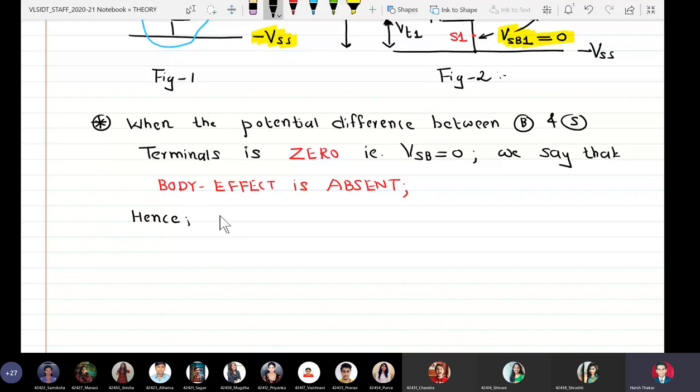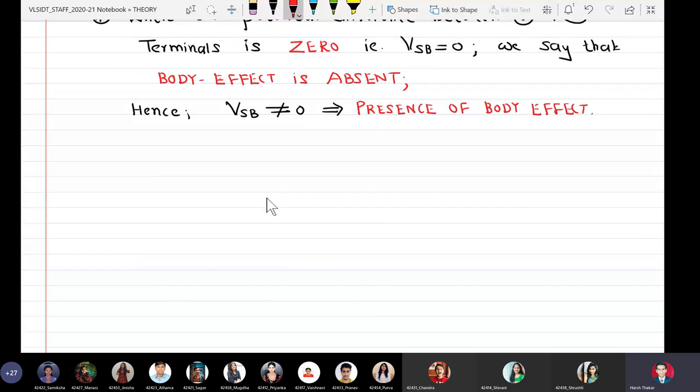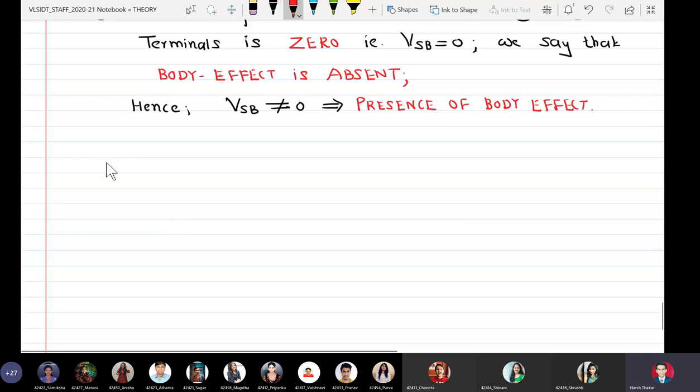Hence VSB not equal to 0 indicates presence of body effect. Okay, now we come to mathematical modeling of body effect.